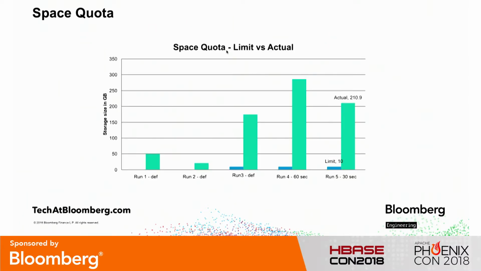On a quick test, this is some statistics I produced. The first two tests set 1 gig as the limit and ran some sequential writes using the PE tool. You can see that in the first case, by the time it recognized that the limit had been reached, it was like 50 gig.